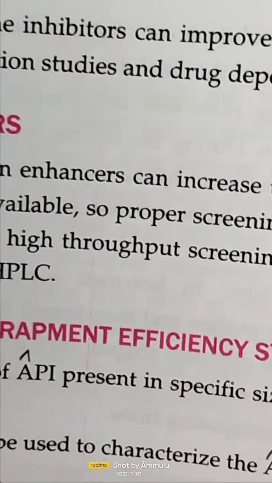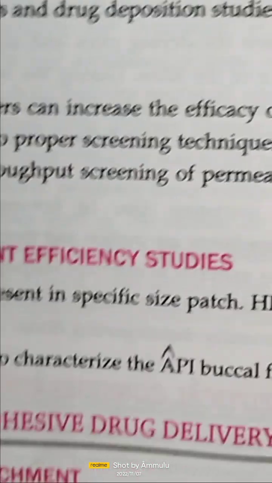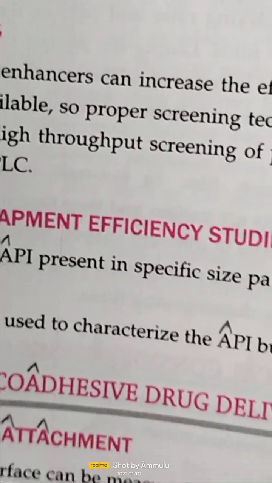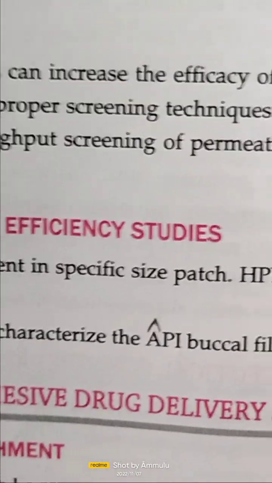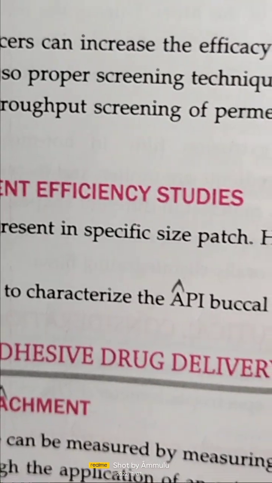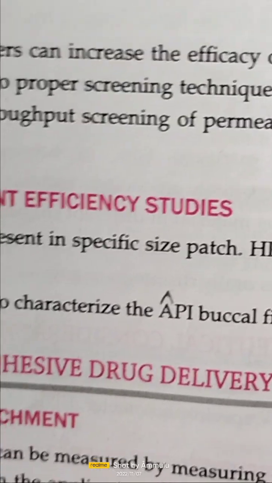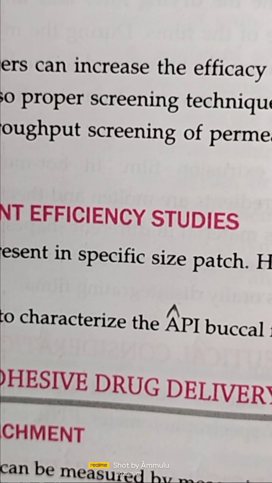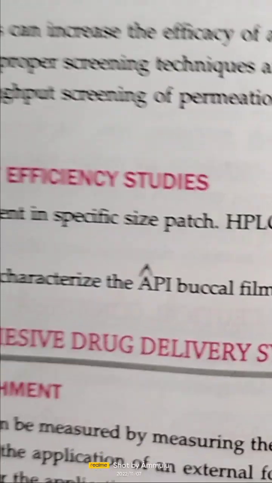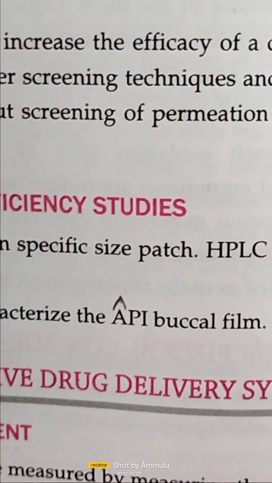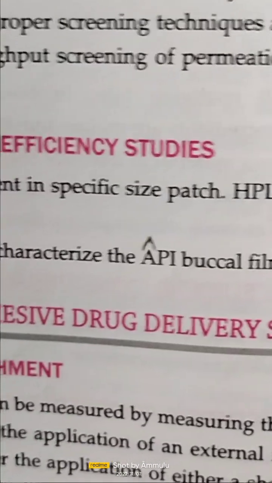There are different permeation enhancers available in the market. So, for proper screening technique, we have to choose good quality, and it can be done by using high throughput screening of permeation enhancers to analyze the content.